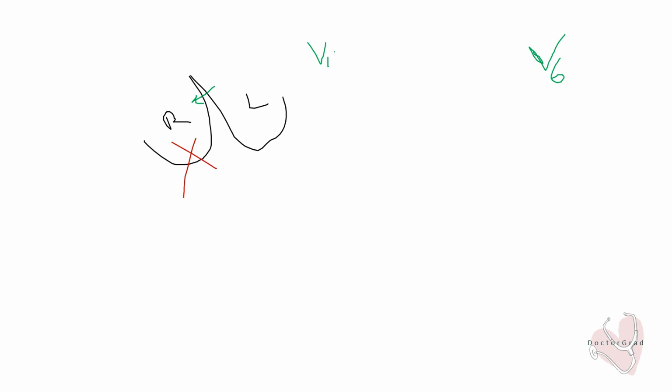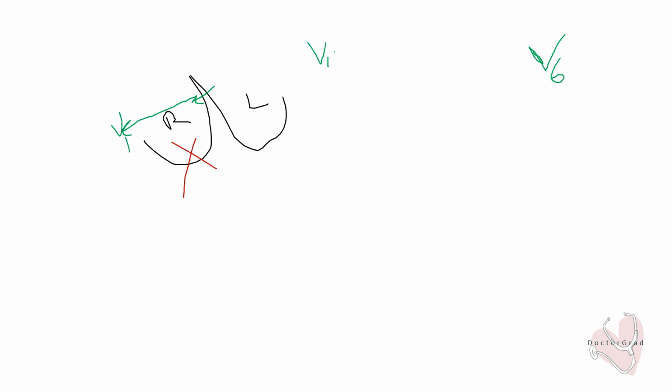So when there is a right bundle branch block, how is the septum getting depolarized? Normally, from left to right. That can still happen, right? Because the left side is normal. So when you are looking from V1, this septal depolarization seems like a positive wave because it is coming towards V1.